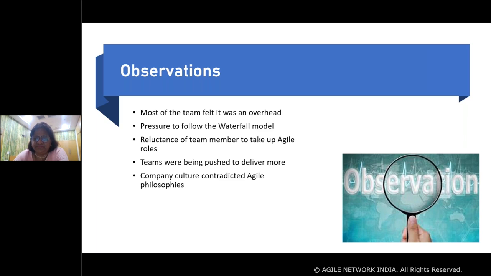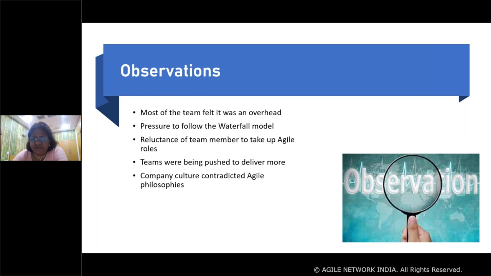Because of the way the customer was sending us the work, most of the project managers wanted to define a requirement document and get a sign off. We found that some projects were so off the agile track that they had done one sprint only to do the requirement document.